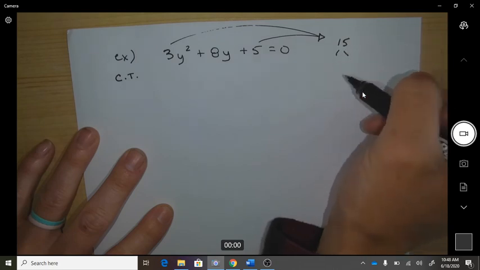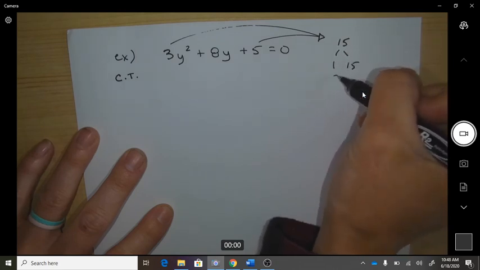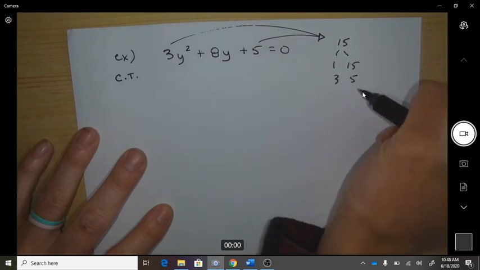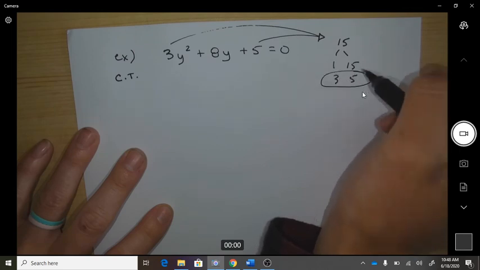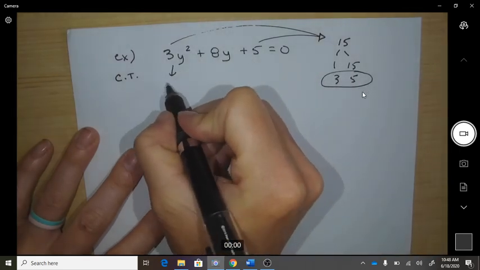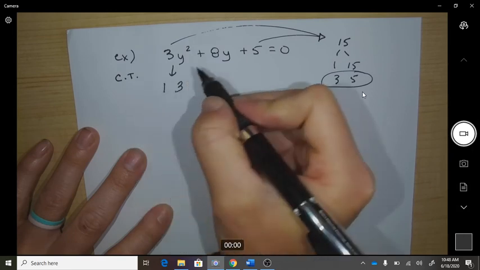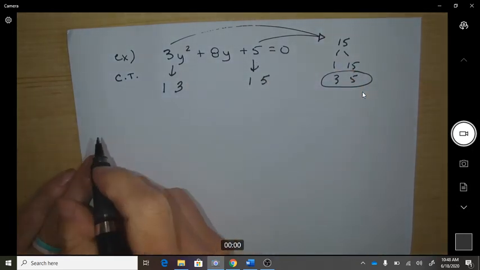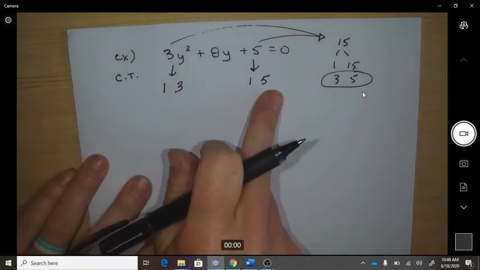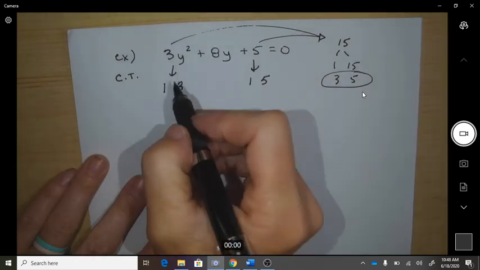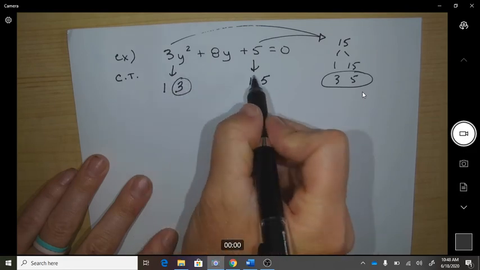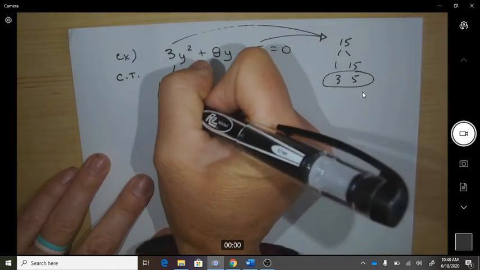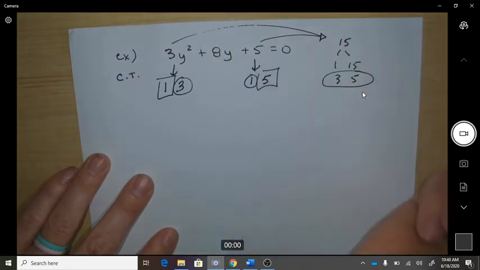Okay, so 1, 15, 3, and 5. I'm looking to get a middle term of 8. So how do I get the 3? I could go 1 times 3. How do I get a 5? 1 times 5. So not many options. I know what I'm picking, but I have to group to get a 3 and a 5. So that's how I get my 3. And pairing that gets me a 5.